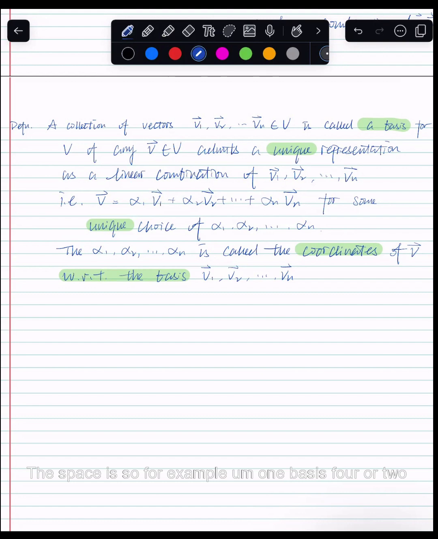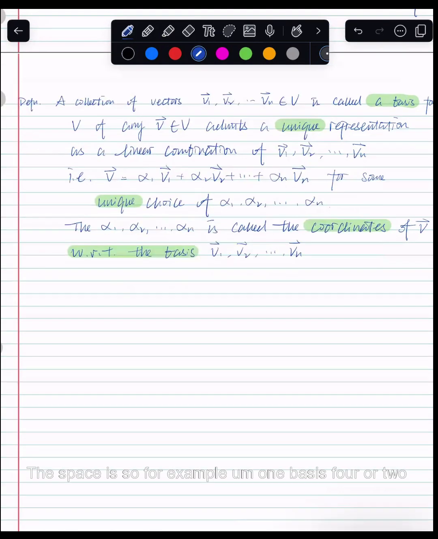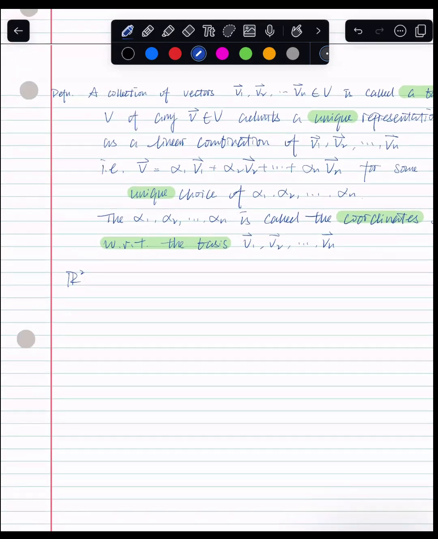For example, one basis for R2, the simplest basis, could be (1, 0) and (0, 1). This is like the Cartesian plane.